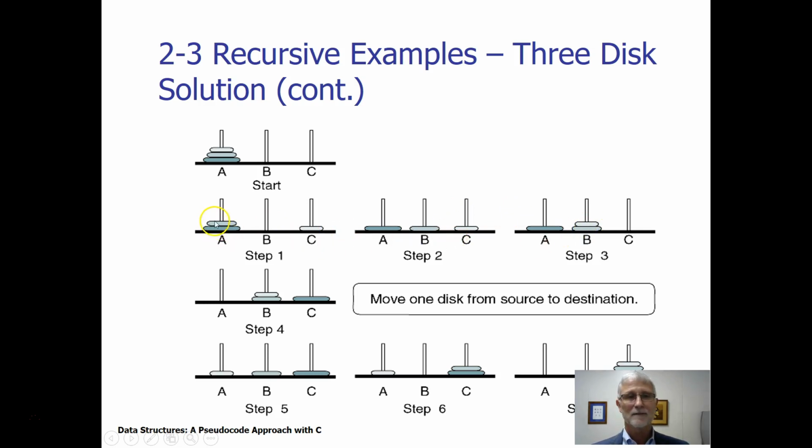So I've got to get the top one to C, second one to B, and now I can put C on top of B, which then frees up A, which then means I can move A to C. Then I've got to take the top one, B, since I still have one spindle left, I can move it off, move B onto C, and then move that to A. So using only one spindle, keeping track that I can use only one intermediate storage, and I can't have any stacking larger on top of smaller.